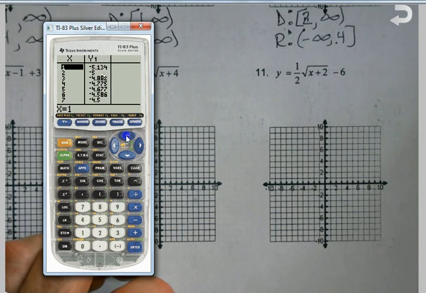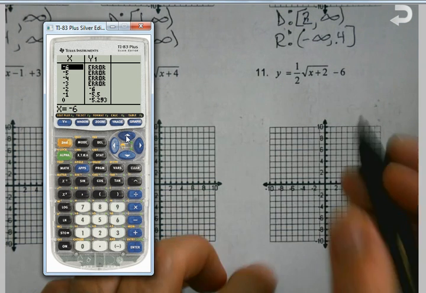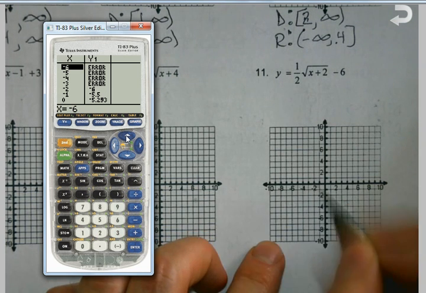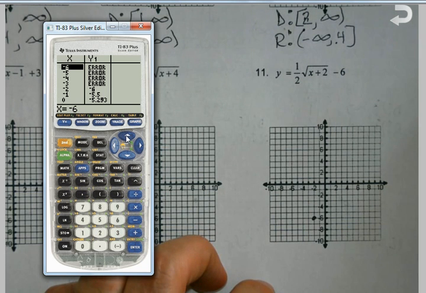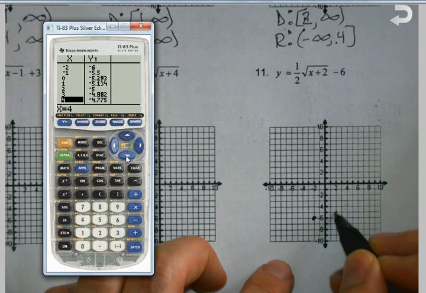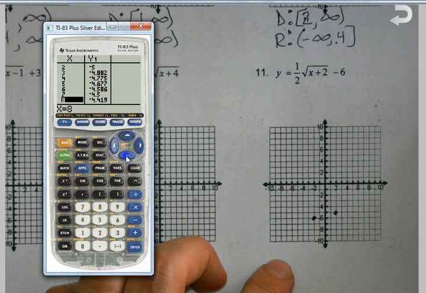Okay, I see lots of errors up there. So let's see. I see -2, -6. And then all those errors. Okay. 2, -5. Oh dear. Nothing nice till I get that far off.